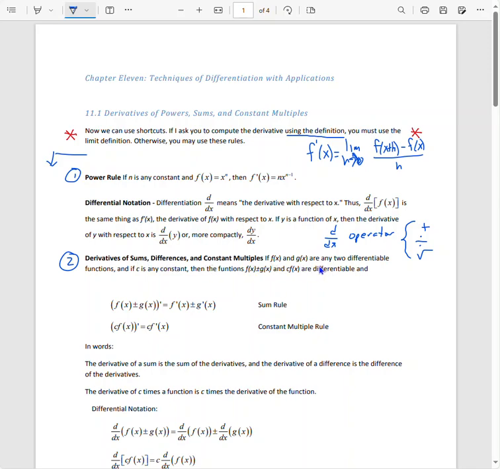If f of x and g of x are any two differentiable functions, and if c is any constant, then the functions f of x plus or minus g of x and c multiplied by f of x are differentiable, and the derivative of a sum or difference, f of x plus g of x, take the derivative, is equal to the sum of the derivatives.